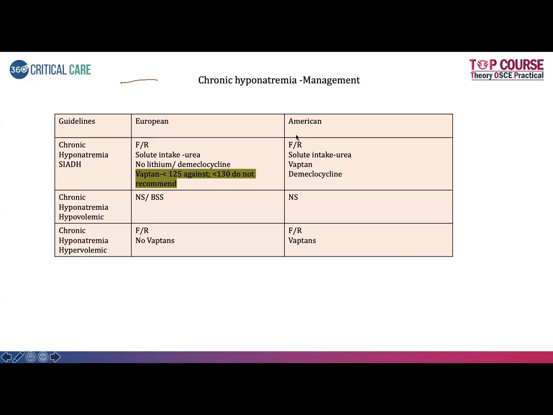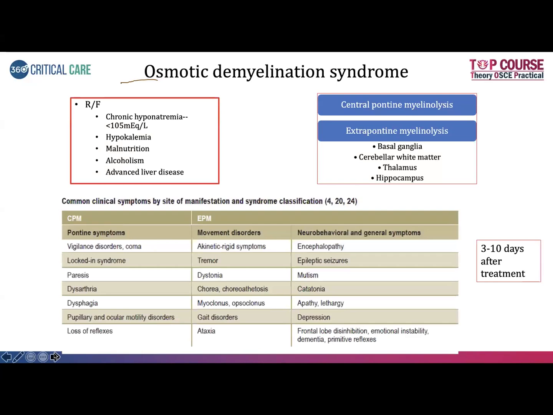In American guidelines, for SIADH, that is euvolemic hyponatremia, Vaptans and demeclocycline along with fluid restriction. So this is recommended. Hypovolemic, normal saline or balanced salt solution as per European, American, normal saline. So hyponatremia with hypervolemia, fluid restriction, American guidelines, Vaptans.